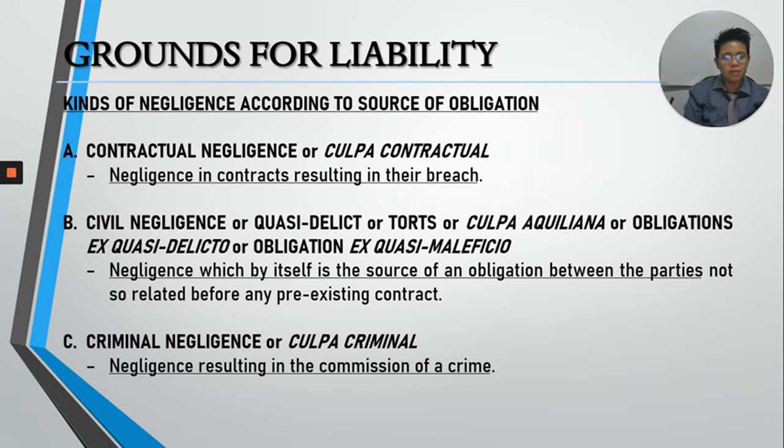So anyway, let us say the injury is minor. So, slight physical injuries. The correct term for the crime committed is slight physical injuries through reckless imprudence. Pero, alam niyo naman, nakasanayan na ng mga pulis yung mali eh.